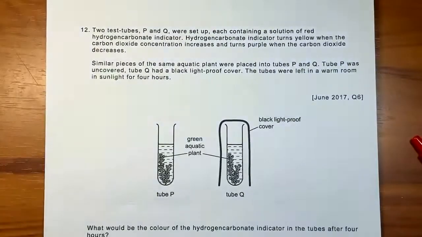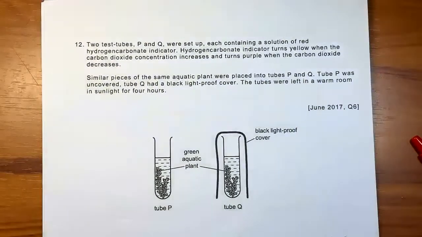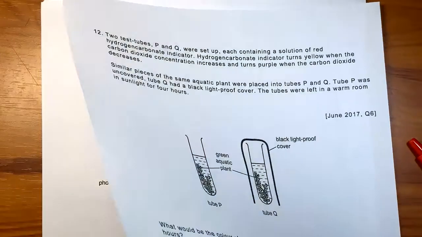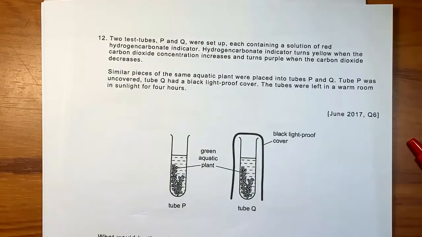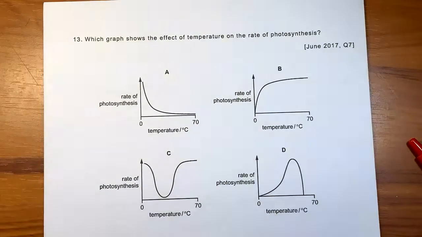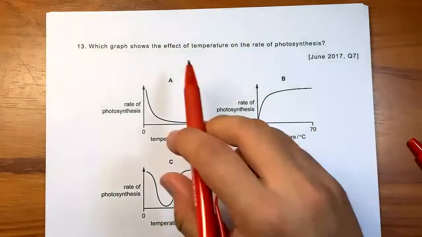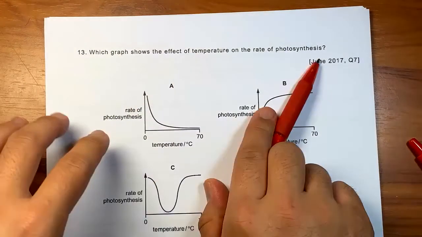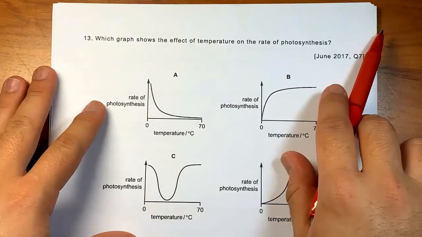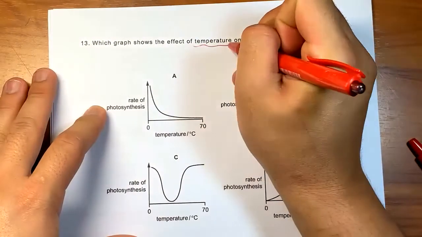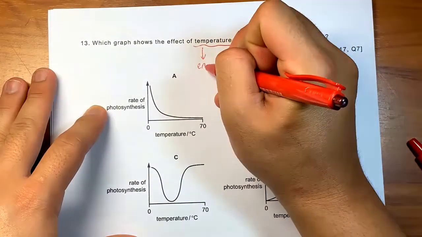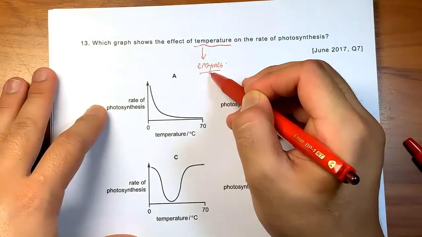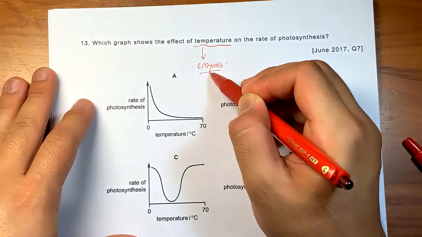Right. Next question, this one. It says which graph shows the effect of temperature on the rate of photosynthesis. Now, as I mentioned before, anything to do with temperature is to do with enzymes. If it's to do with enzymes, you just recall the graph.